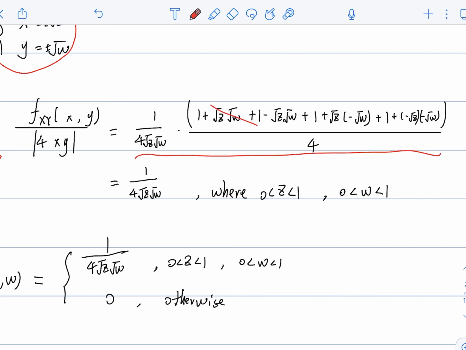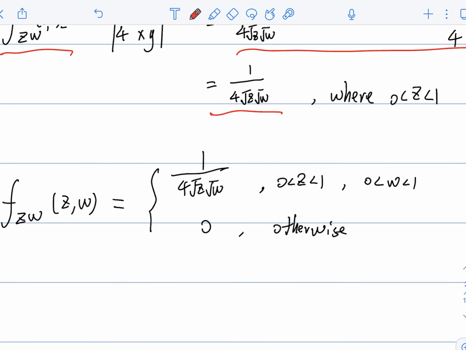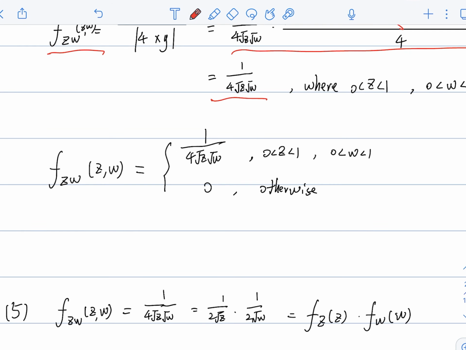And finally, the result is equal to this. The joint density function is this.